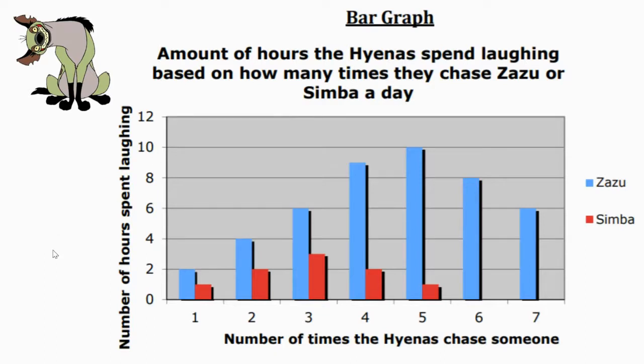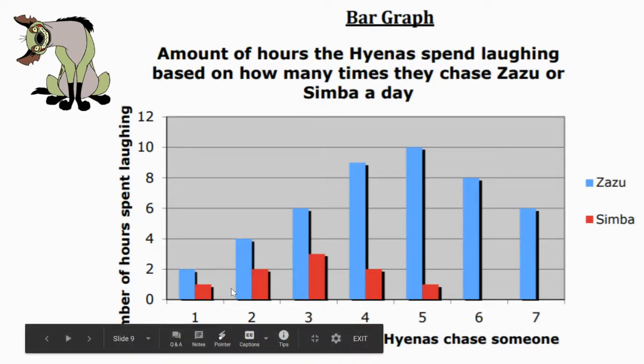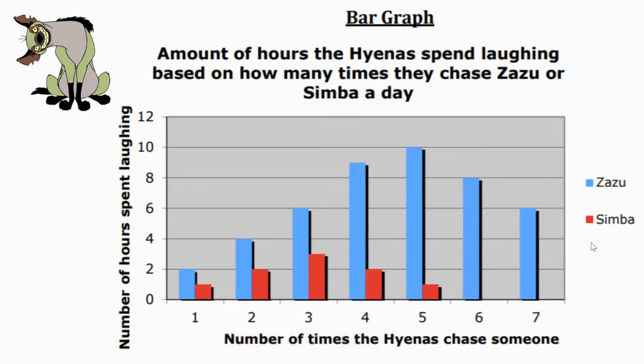You'll notice that in this bar graph, you can actually plot more than one data source. In this case, you have data collected from chasing Simba and data collected from chasing Zazu. You can show these together on one graph by using a key and a color code or pattern. Simba is in red, Zazu is in blue.